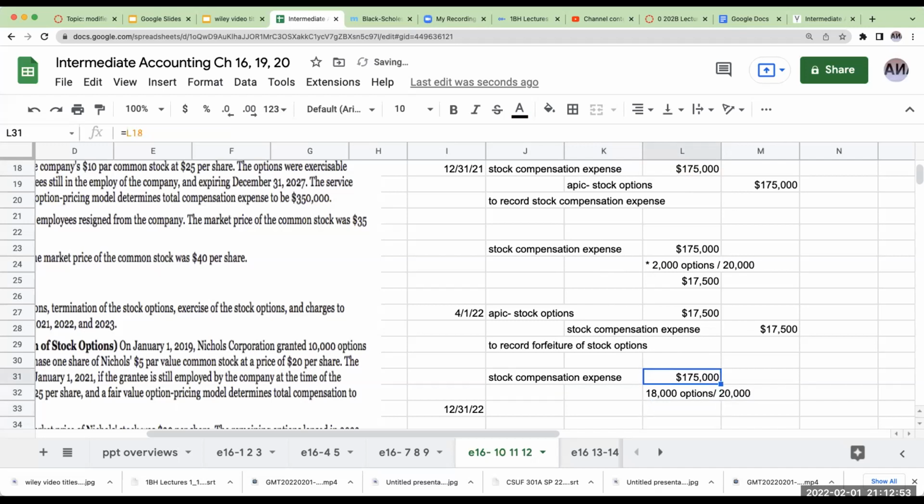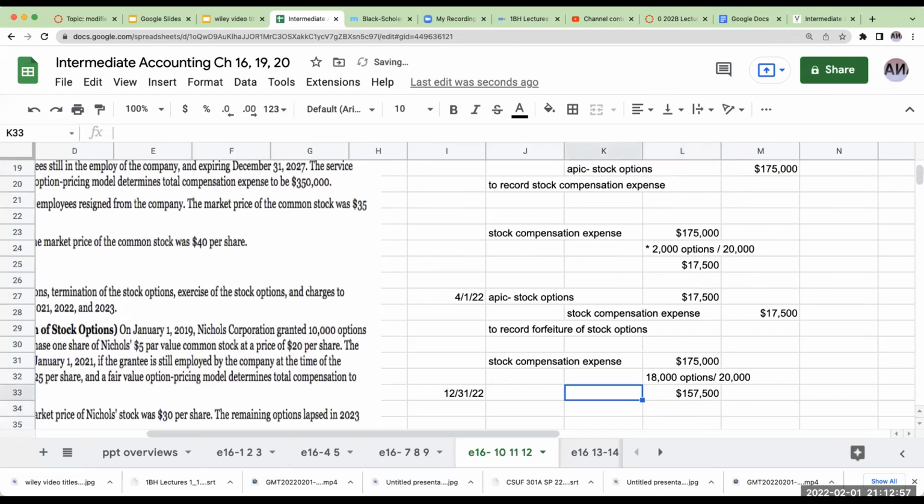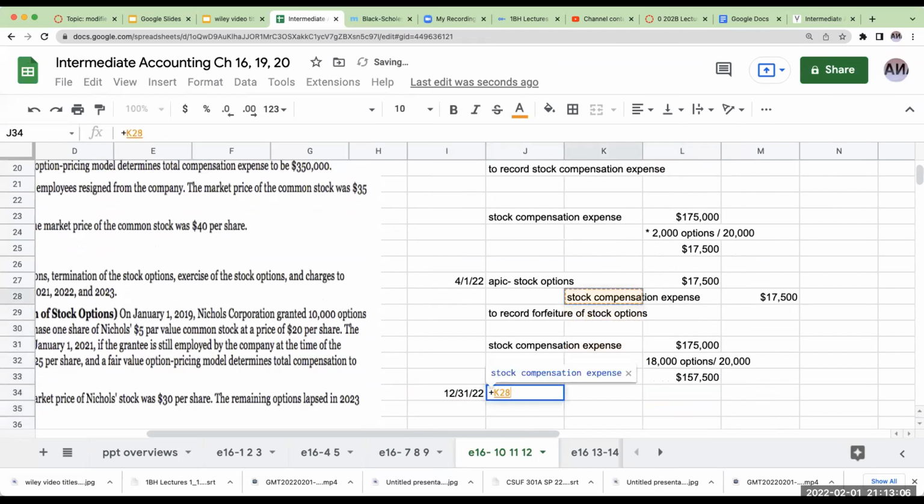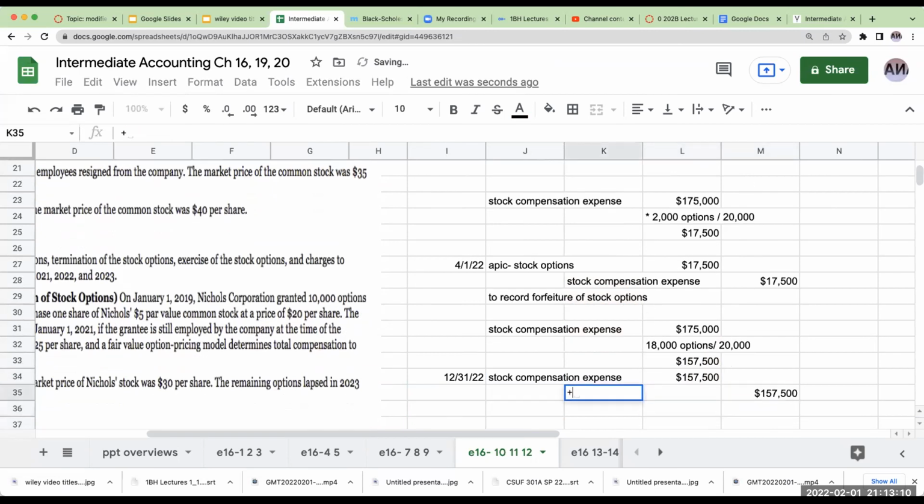So we're going to multiply this 175 by 90%. And so the amount of stock compensation expense we're going to recognize on 12/31/22, we're going to debit stock compensation expense for 157.5, and we're going to credit additional paid-in capital stock options for that same amount.